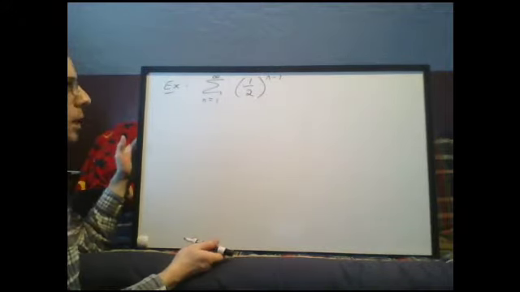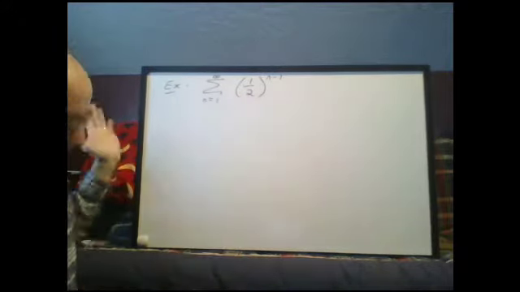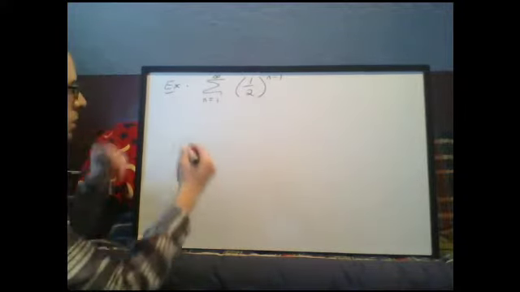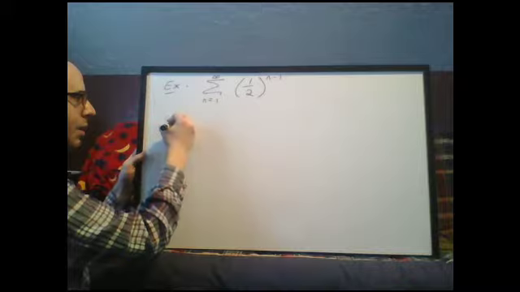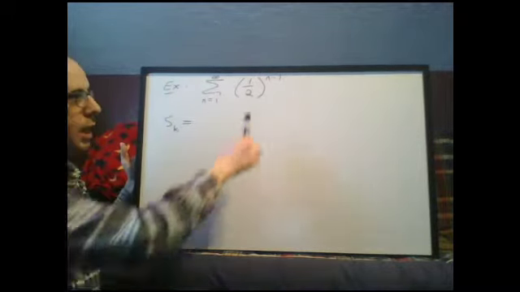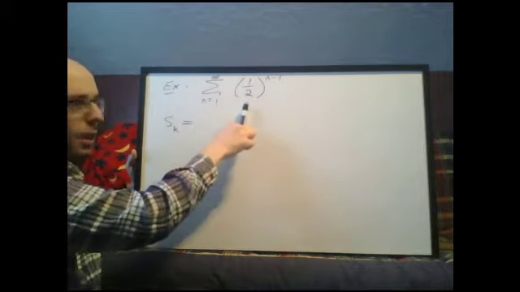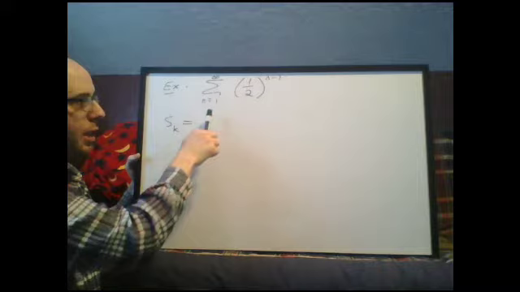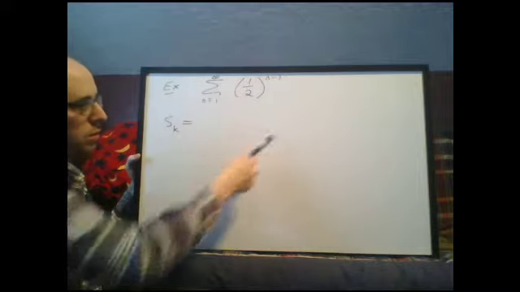To answer either of these questions, at this point we have to look at the partial sums. So S_k for this series is the sum I get starting with n equals 1 and ending with n equals k. Let's just write it out here.